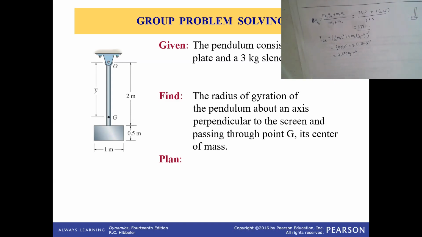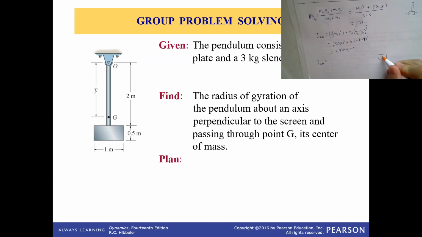Now for the I with respect to G on the plate, you can do the same thing. For a plate like this, assuming the x rotation is going through its center, then this is the x, this is the y, and you are looking for the I with respect to z.